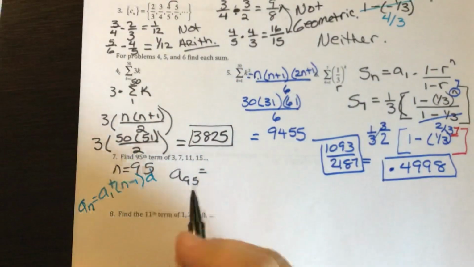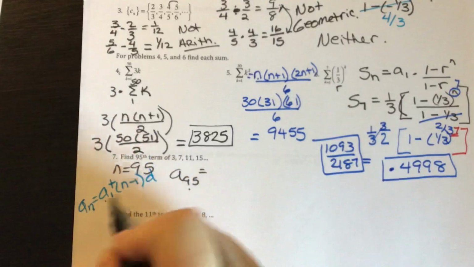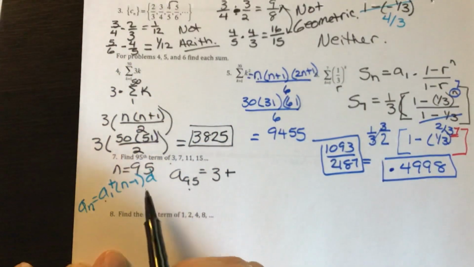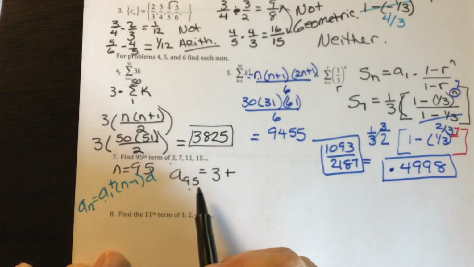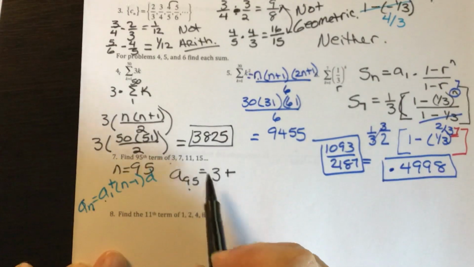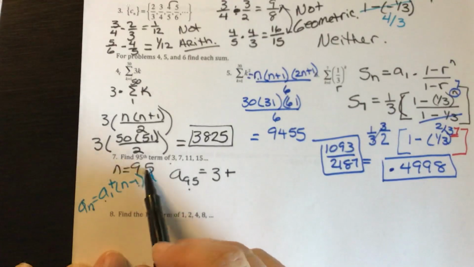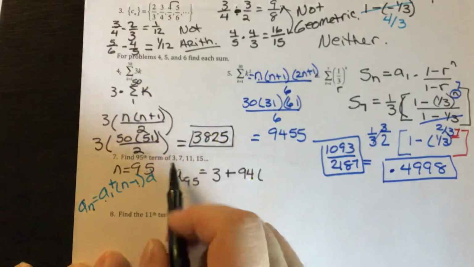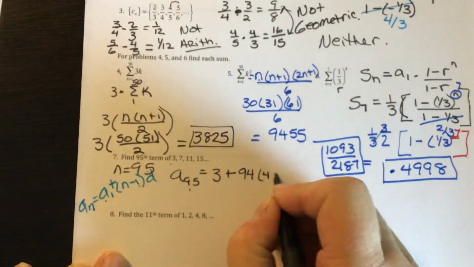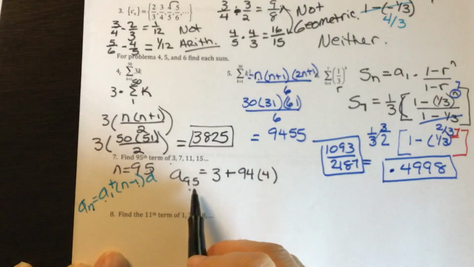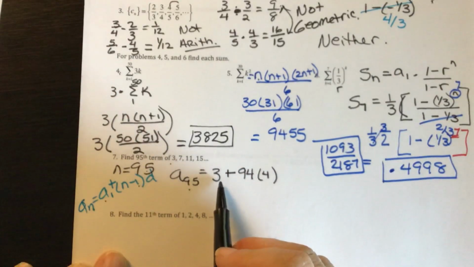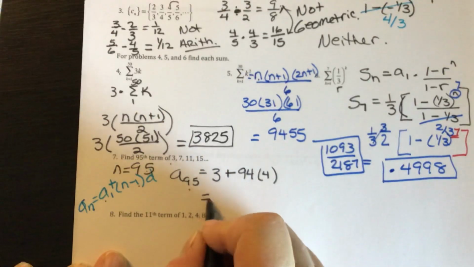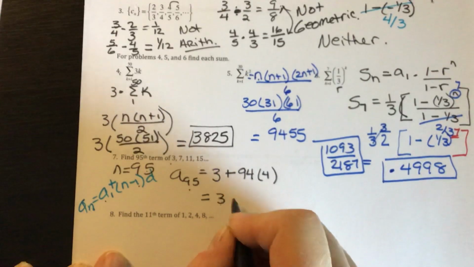All right, so n is 95. The first term is 3. And then plus n minus 1, so that's 94. And my common difference, this is going up by 4. So I start with 3, and then I add that to 94 times 4, and I get 379.